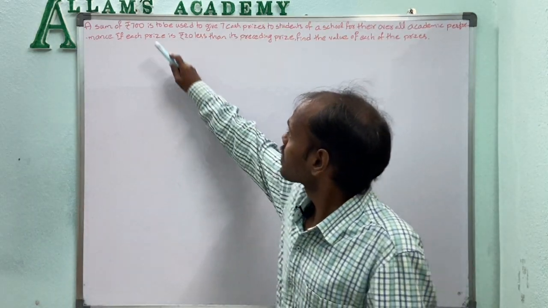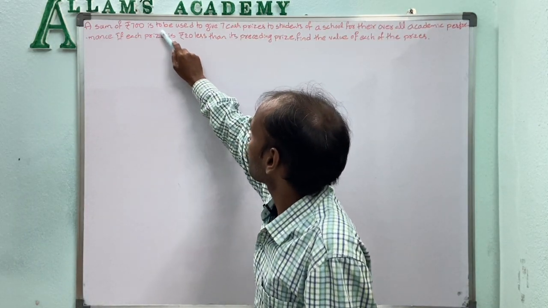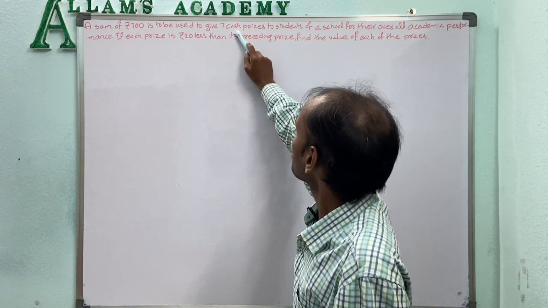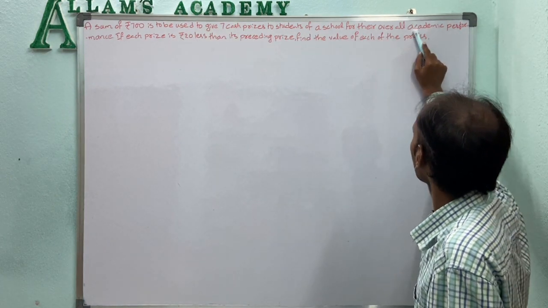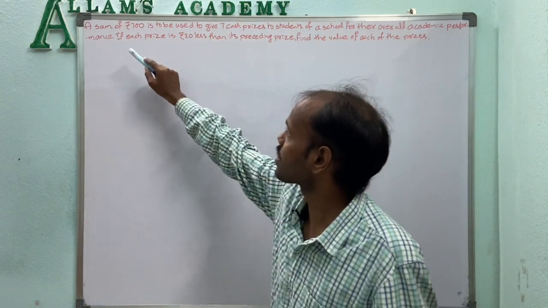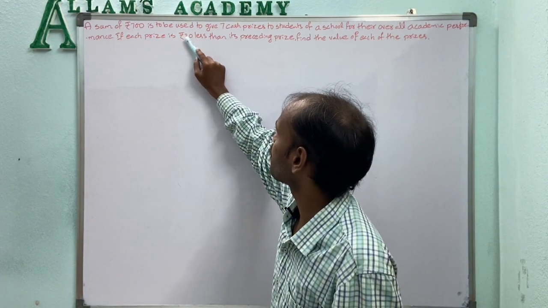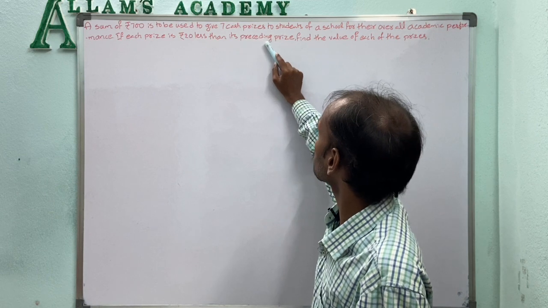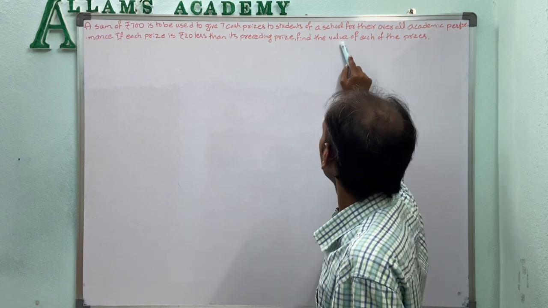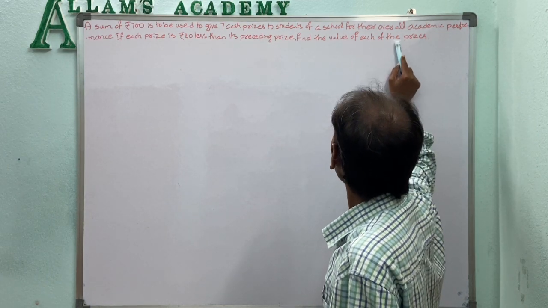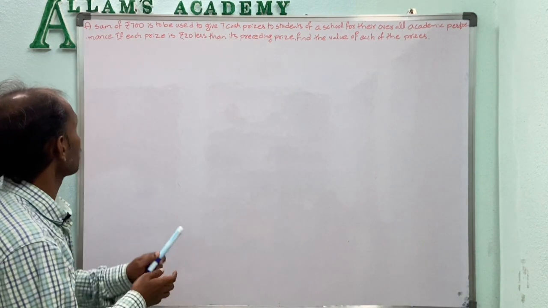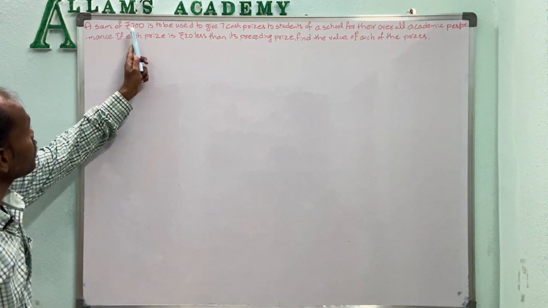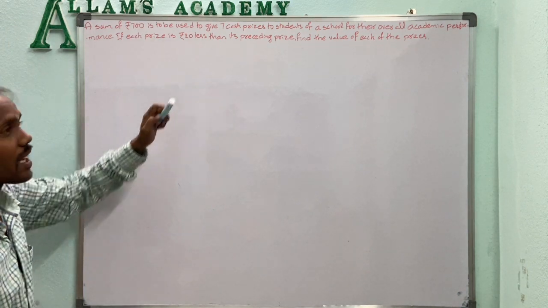Given problem: a sum of rupees 700 is to be used to give 7 cash prizes to students of a school for their overall academic performance. If each prize is 20 rupees less than its preceding prize, find the value of the prizes. That is the information given. So here the sum of 700 rupees is to be given.